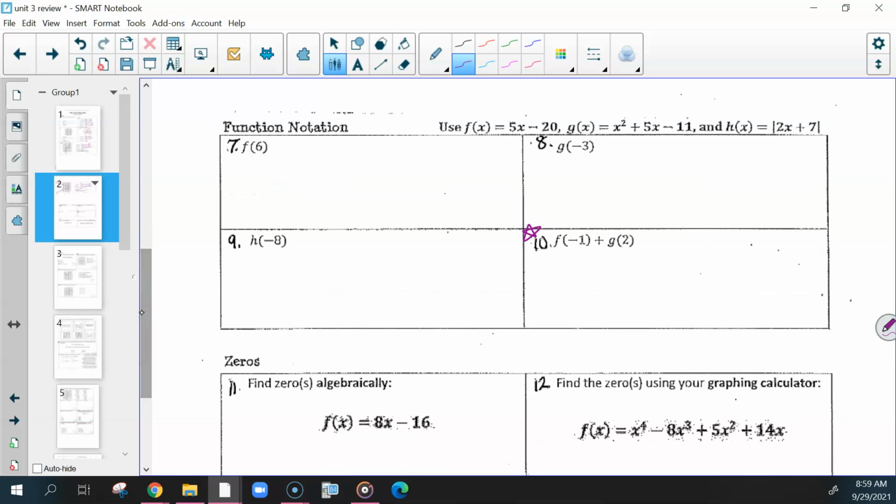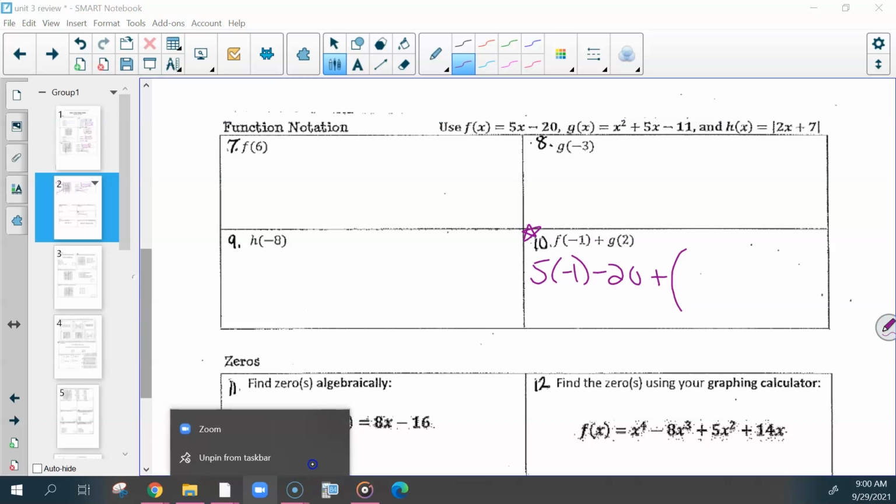So for number 10, it's saying f of -1, so I need to use my f of x function. And it's saying plus g of 2, so I need to use my g of x function. So if I were to put those in, I'm actually going to put this in the calculator, but I am going to write out how it would look. So it's going to be 5 times -1 minus 20. Plus, I'm going to put big parentheses to show that it's adding everything else.